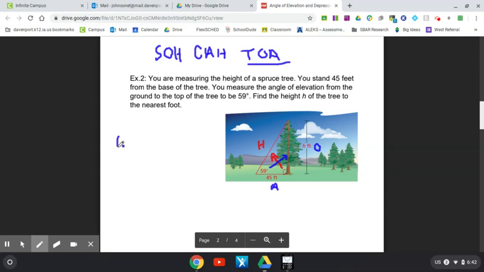So I know it's tan of our angle, so tangent of 59 equals our ratio of opposite over adjacent, so h over 45.